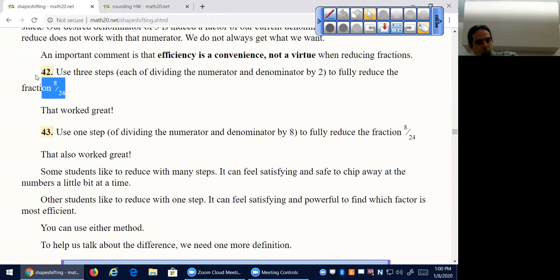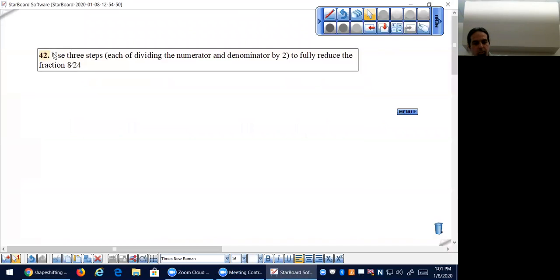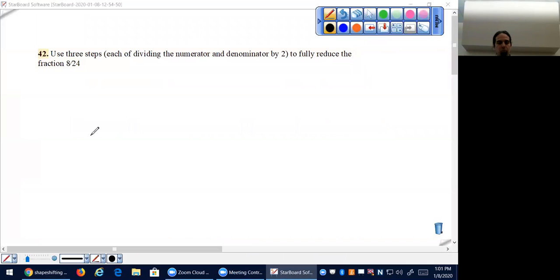We're going to do this 2 ways just to encourage people that are a little fond of the number 2. If I started with 8/24 and I just liked doing divided by 2, I could do that.